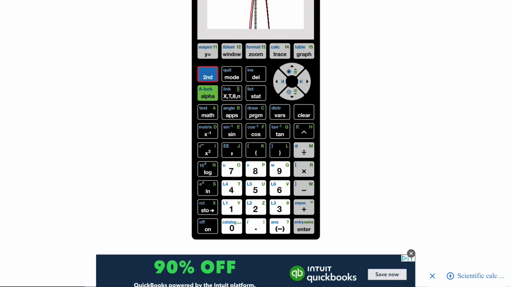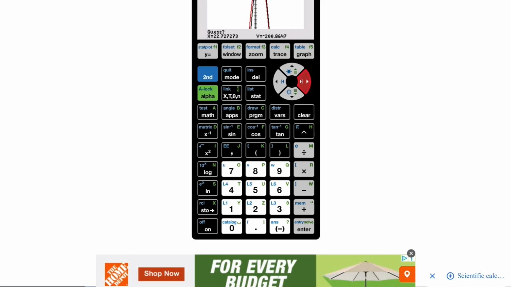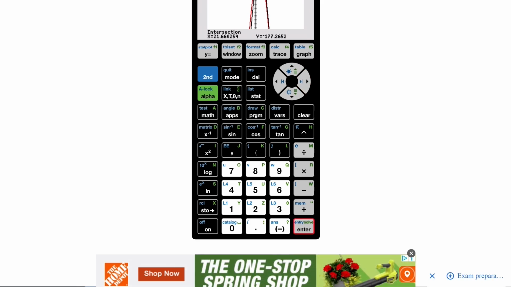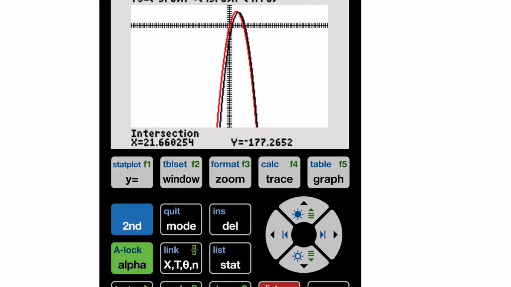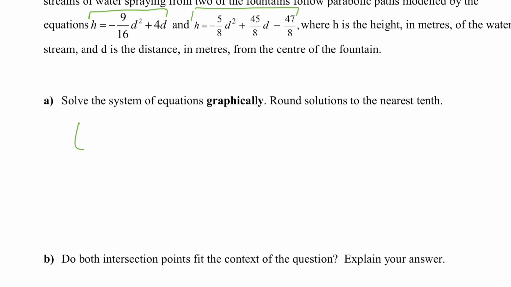Okay, second trace 5. First, second, and my guess is somewhere over here. And it's 21.7 and negative 177.3. So I write those down.